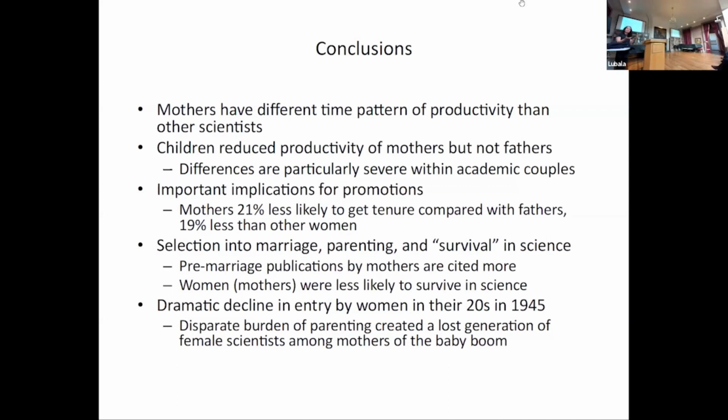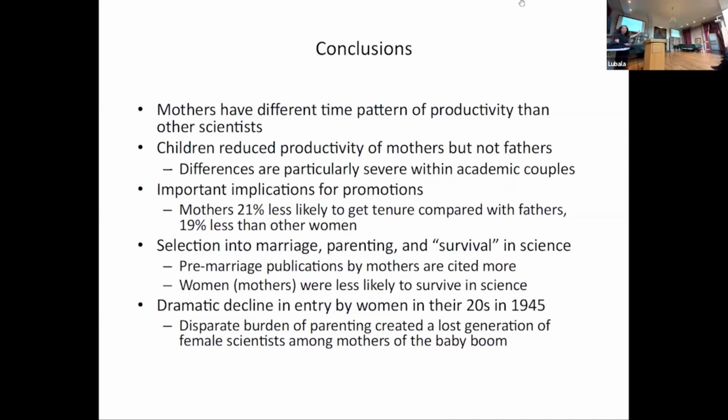So are we missing something else? We might be missing other things, but we are controlling for as much as we can in terms of fields and demographics. We're looking within demographics, and we put in the couple fixed effects. The couple fixed effects are actually the things that you would be most worried about.